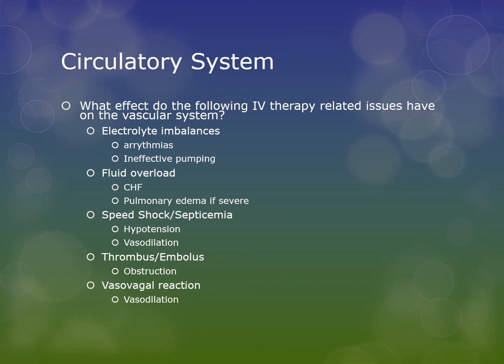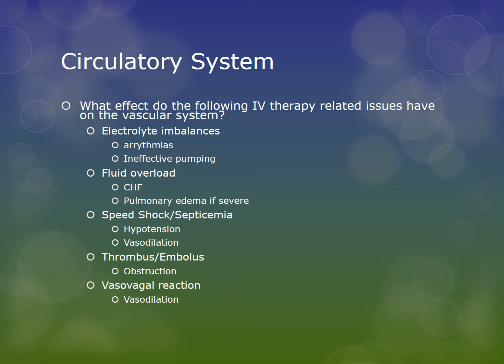Then you've got speed shock and septicemia, both of which cause hypotension, speed shock, and then if you go far enough, it'll be septic shock. Anytime we say shock, you should be thinking hypotension. Not necessarily the first sign, but definitely the primary sign of any kind of shock. And when we're talking about that type of hypotension, most of the time we're talking about vasodilation.